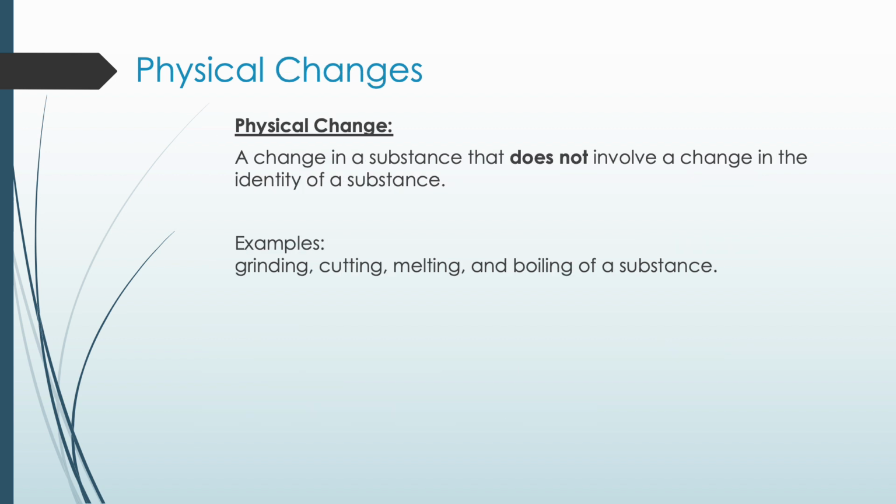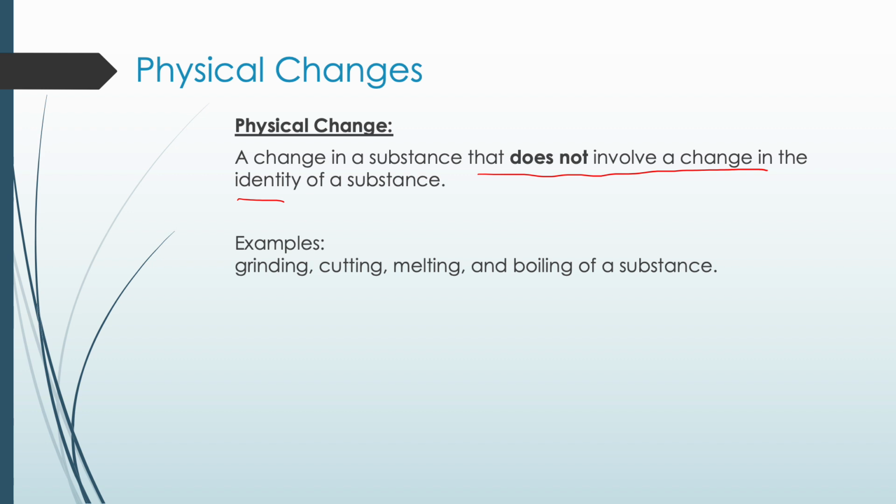A physical change is a change in a substance that does not involve a change in the identity. It's going to look different, but again, the identity of that substance is still going to be the same. Grinding metal: if you grind metal up, now you just have smaller pieces of the metal. It's still that same metal.